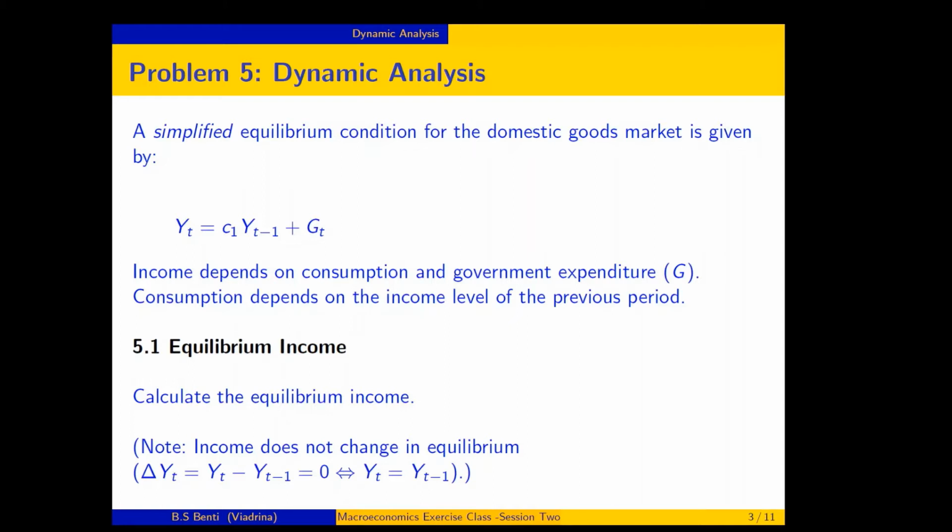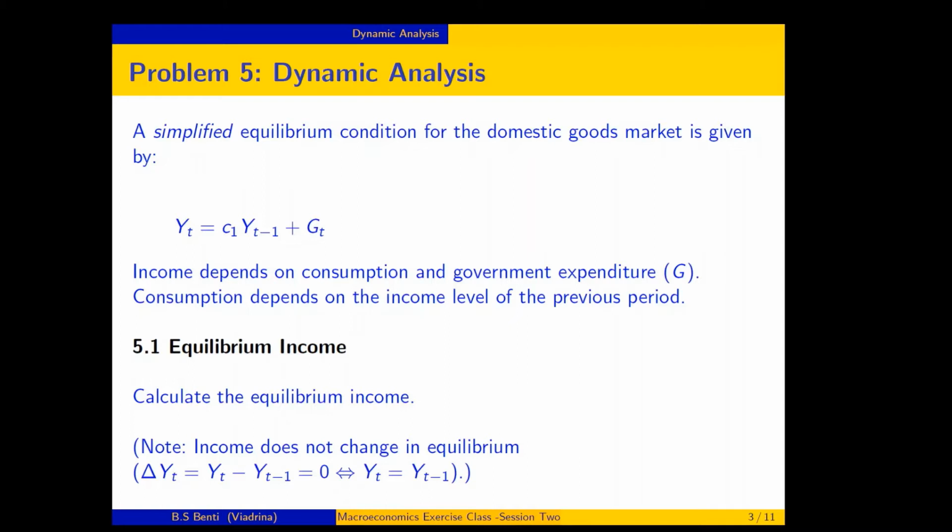to look at this simplified equilibrium condition for the domestic goods market, where we say income at time period t, yt, is equal to marginal propensity to consume C1 multiplied by yt minus 1, or income at our previous period, plus our government expenditure gt.